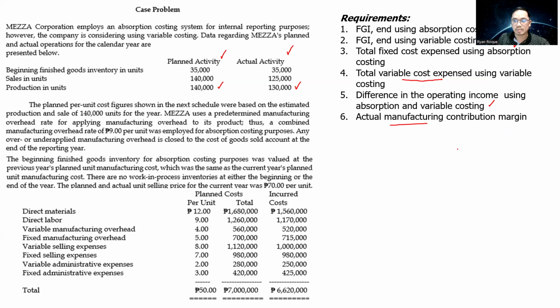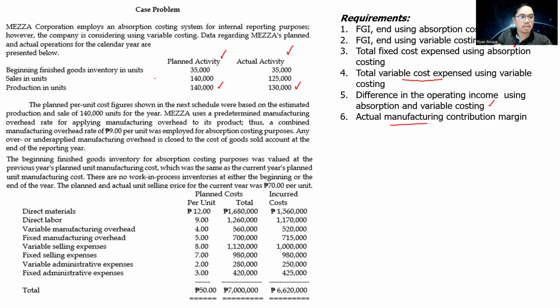Okay, so let's try to read the problem. The Mesa Corporation employs the absorption costing method for internal reporting purposes. However, the company is considering using variable costing. So data regarding Mesa's planned and actual operations for the calendar year are presented below.